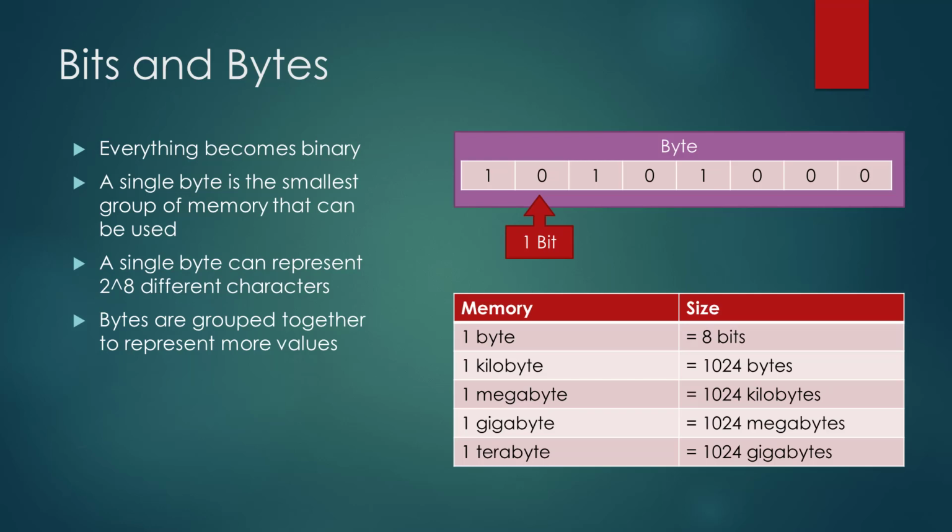A single binary digit is called a bit, and a bit can only be a 0 or a 1, which means that a single bit can only represent 2 values. However, computers group bits into chunks of 8, which are called bytes. A single byte, or 8 bits, can represent up to 2 to the power of 8 values, which means that a single byte of memory can represent 256 values.